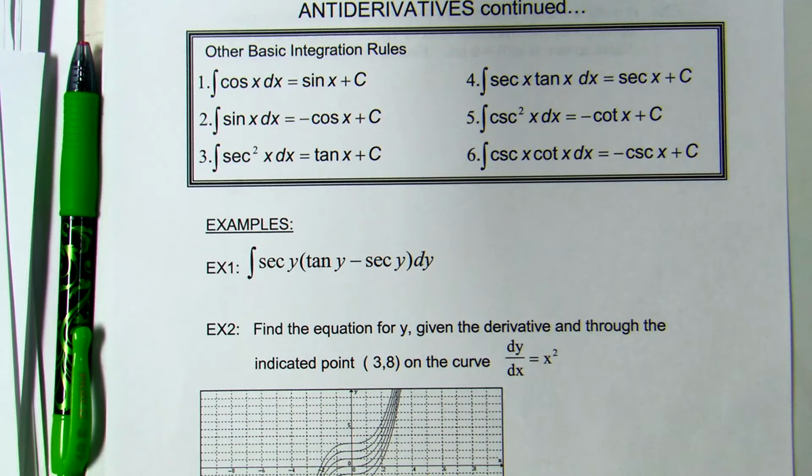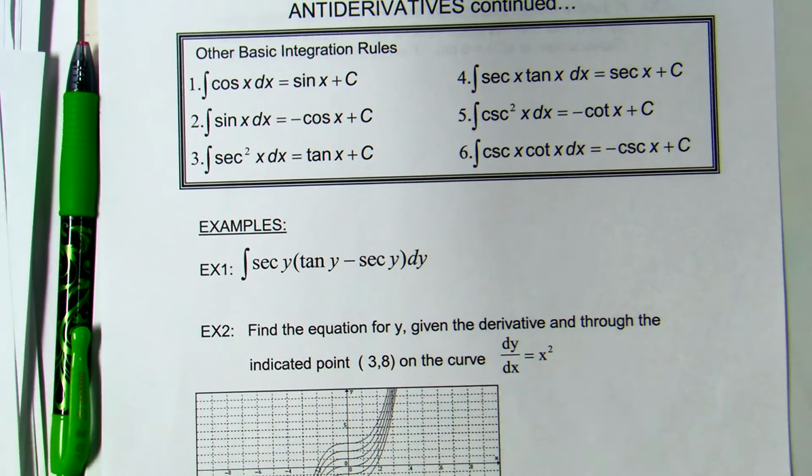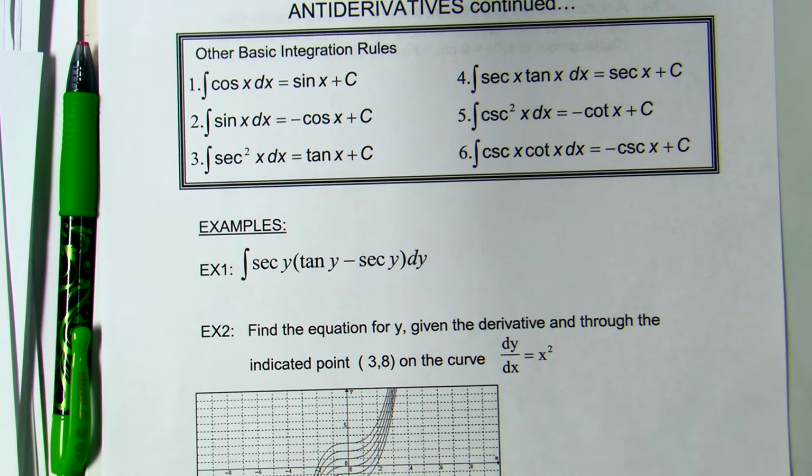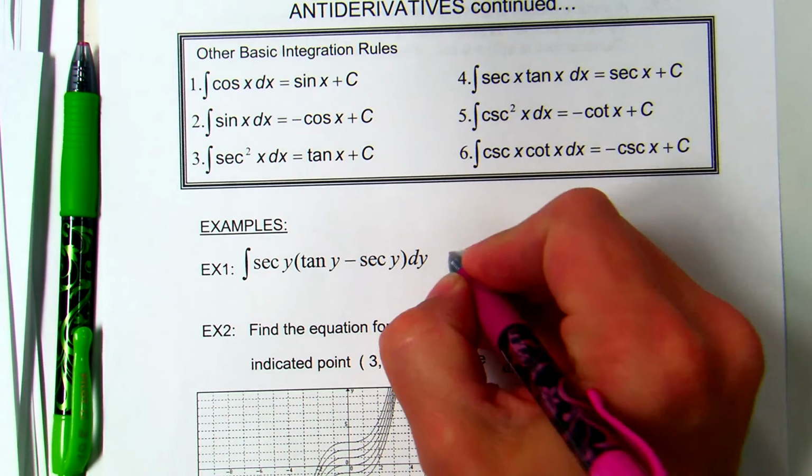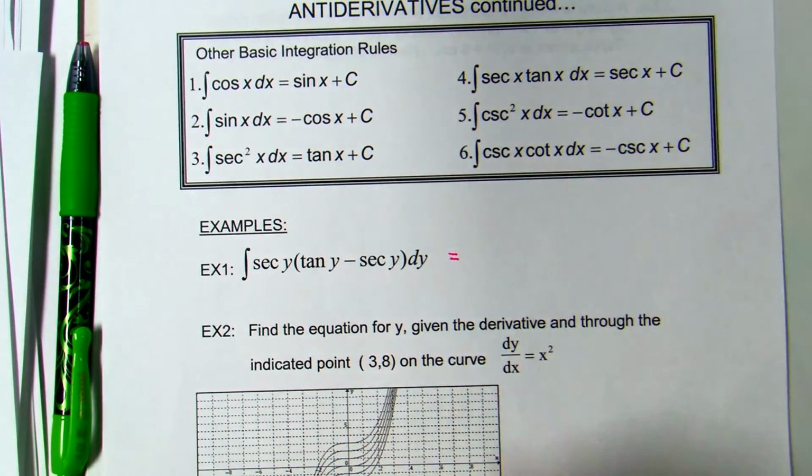Now, as an example, on this first one, we've got the integral of secant y times tan y minus secant y dy, so we're doing this with respect to y. As long as we have the integral sign here, we're not taking the antiderivative yet. We're just simplifying this to make it look like something we can work with.